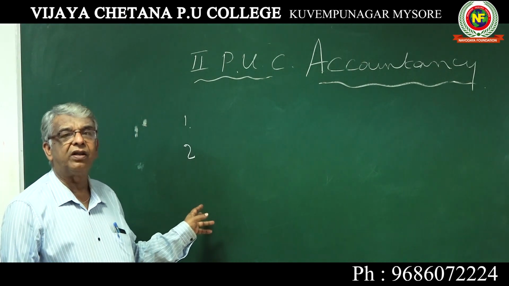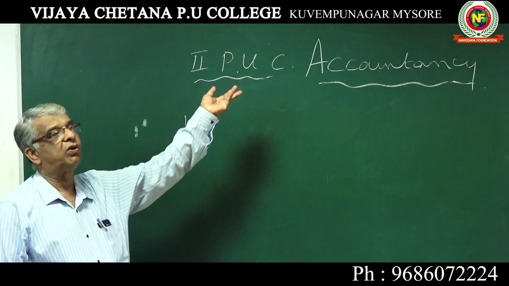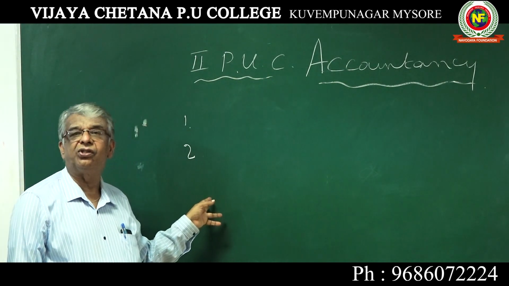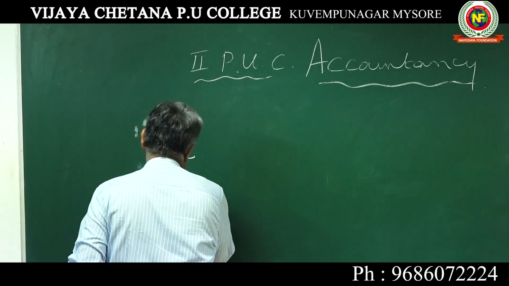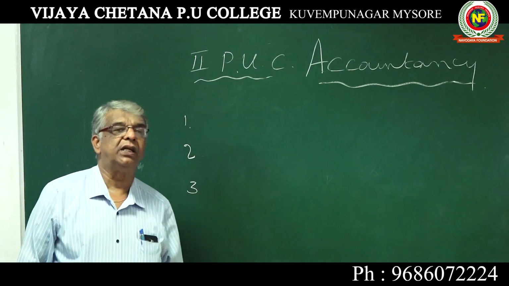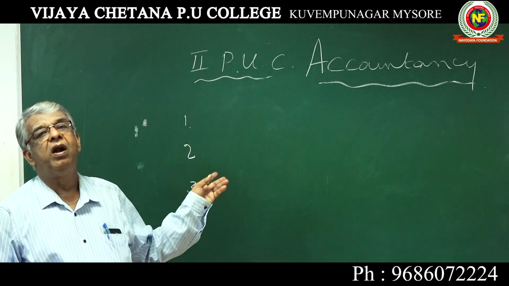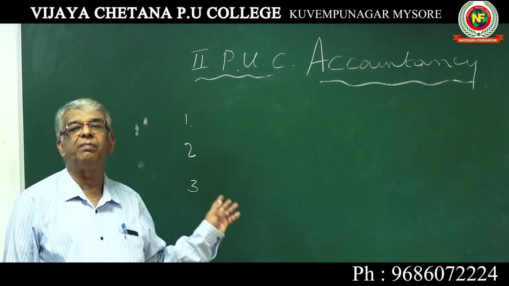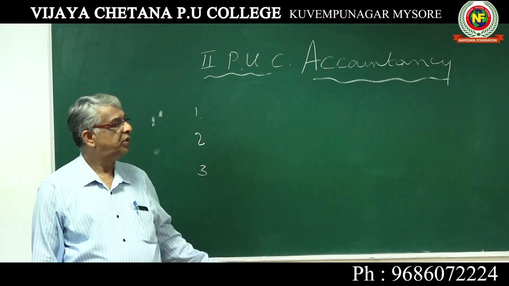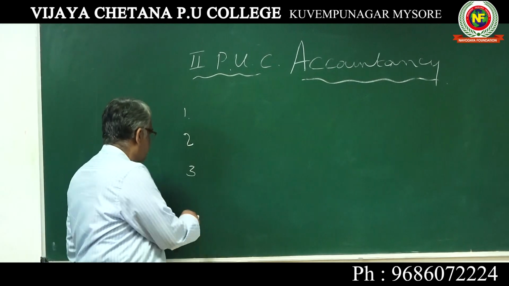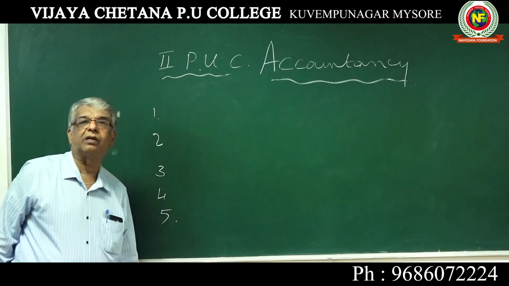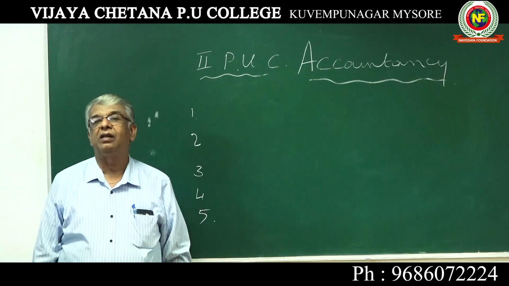And then we have accounting for shares. And the fourth one is issue of debentures and repayment of debentures. So these are the chapters we have prescribed in this volume 1.